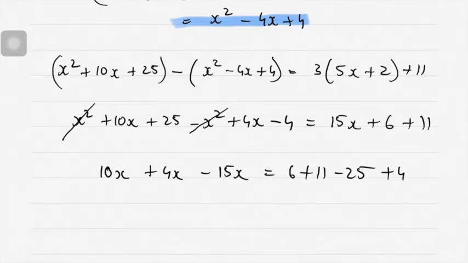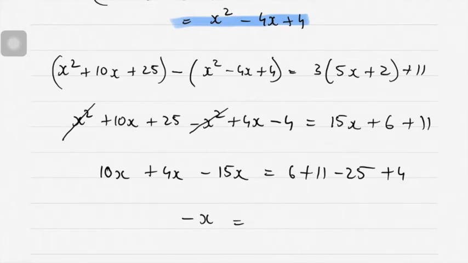Now 10x plus 4x is 14x. So 14x minus 15x. Okay. So that will become minus 1. So minus x is equal to 6 plus 11 is 17. 17 plus 4 is 21.